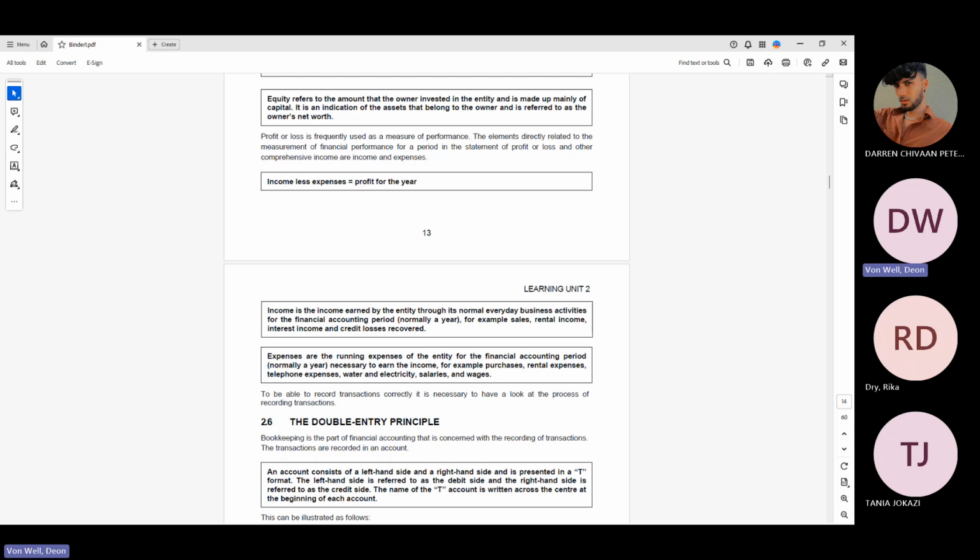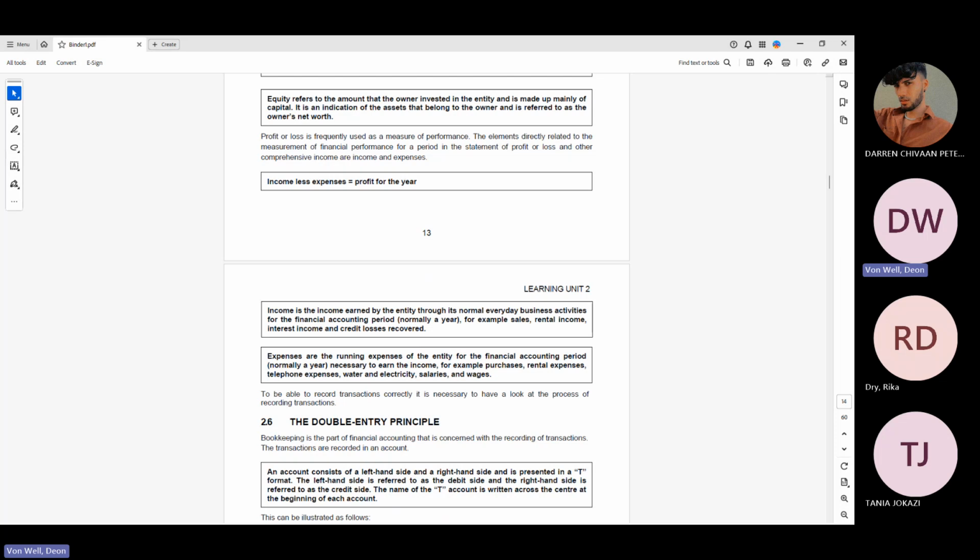So the first step for accounting is to be able to identify assets, liabilities, equity, income, and expenses.